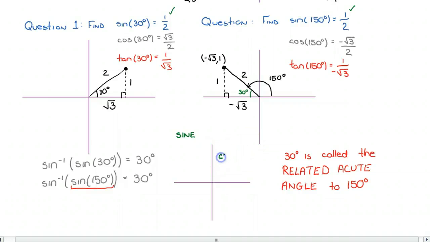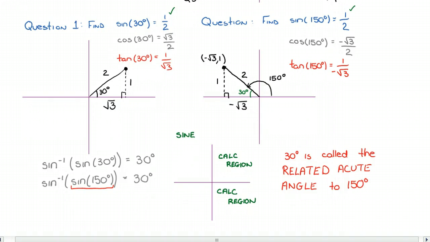Your calculator will only ever give you an answer in either quadrant 1 or quadrant 4. Again, quadrant 4, we haven't actually talked about why that is, but your calculator will never give you an angle back that happens to be in quadrant 2 or quadrant 3. And that's because the calculator doesn't know which angle you're working with.